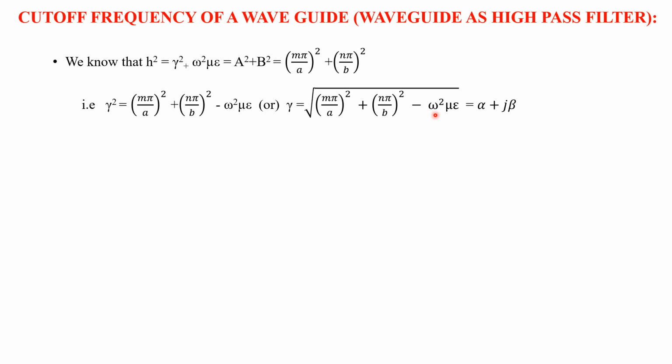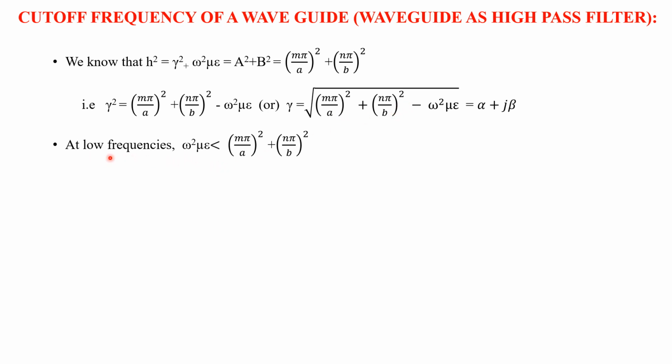If we use a signal which has a low frequency, then the condition is at low frequency, we know gamma is equal to the root of (m pi by a) whole square plus (n pi by b) whole square minus omega square mu epsilon. At low frequency, this omega value will become low. That means gamma is approximately equal to the root of (m pi by a) whole square plus (n pi by b) whole square.